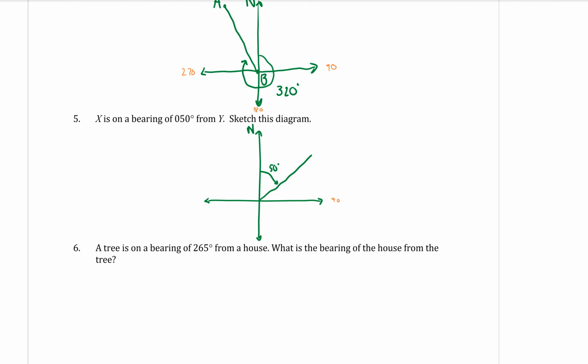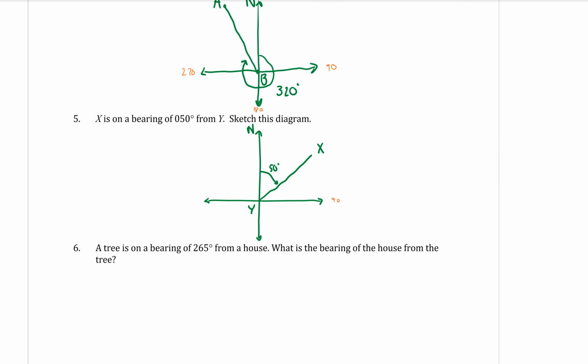Now, the letters that we're told, X is on a bearing of 50 degrees from Y. That means Y is the center of my compass, that's where I'm at, and X is out here where I'm trying to go. Be careful with the way it's worded because you need to know which letters to put where.